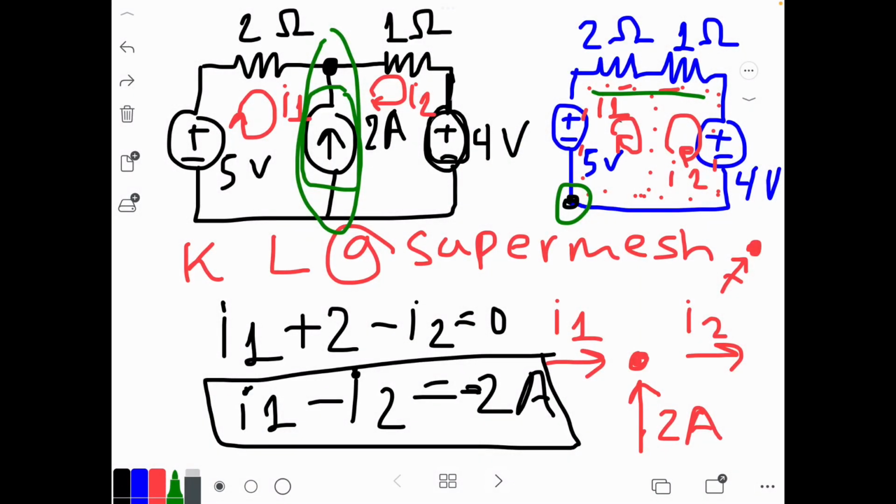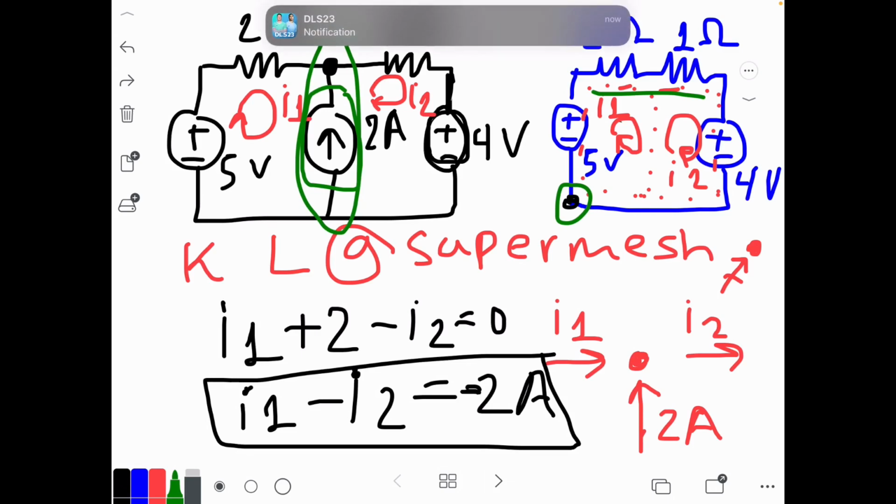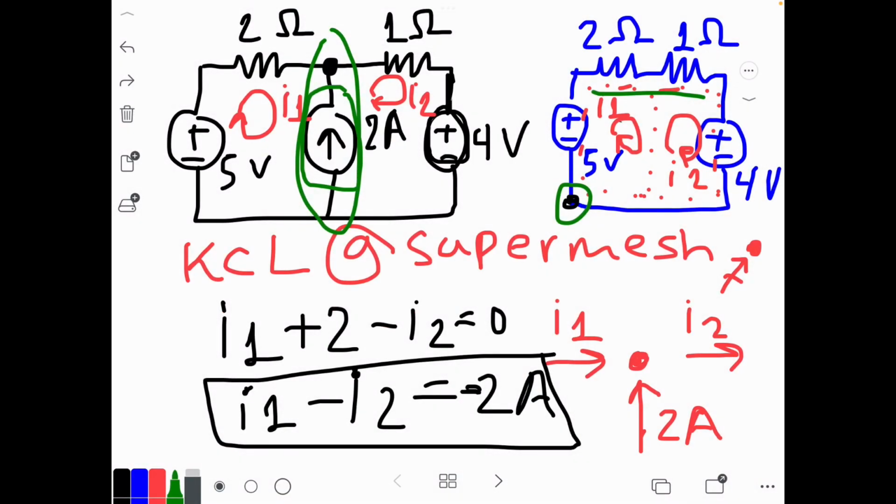After finishing the KVL, or Kirchhoff's voltage law, at our supermesh, now we're going to switch and do a KCL, or Kirchhoff's current law, at our supermesh. And we know there's a 2 amp source there, right? So our I1 and I2 should probably equal that.